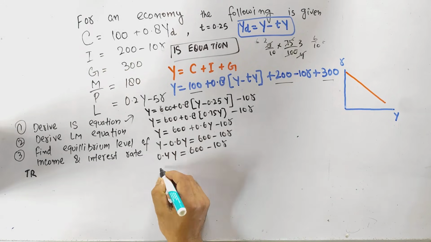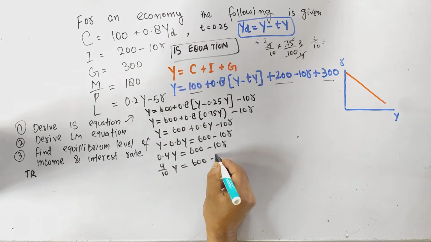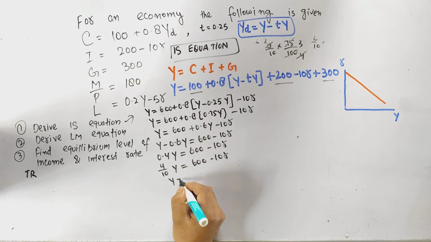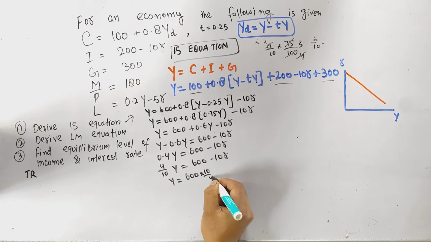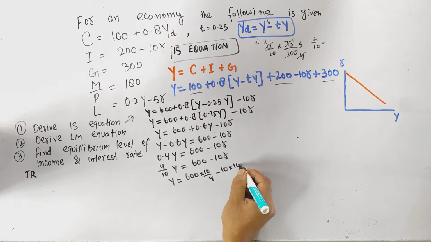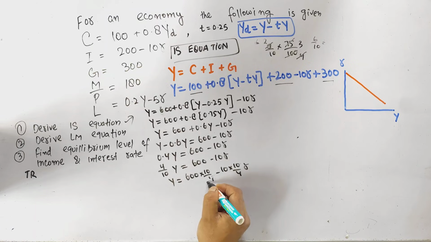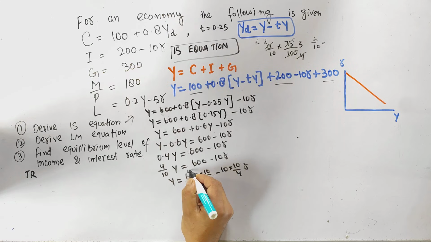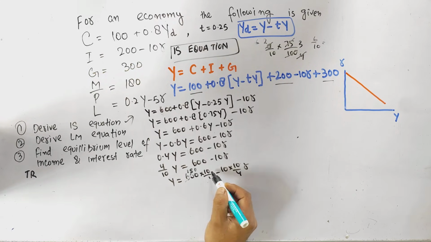Now 0.4 can be written as 4 upon 10. So 4 upon 10 times Y equals 600 minus 10R, and if I transpose, Y will be equal to 600 into 10 upon 4 minus 10 into 10 upon 4 R. Here 4 1s are 4, so it is 150, and 150 into 10 is 1500.